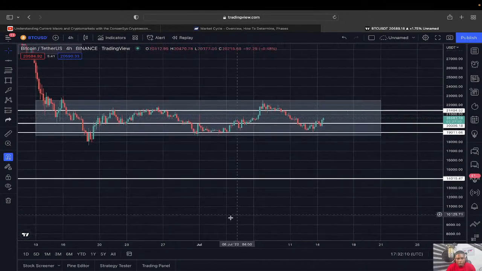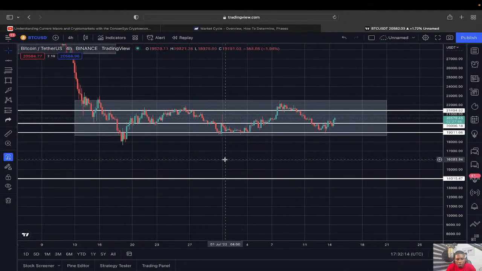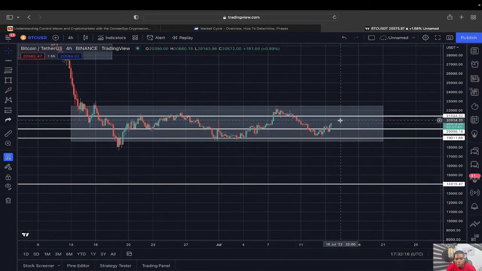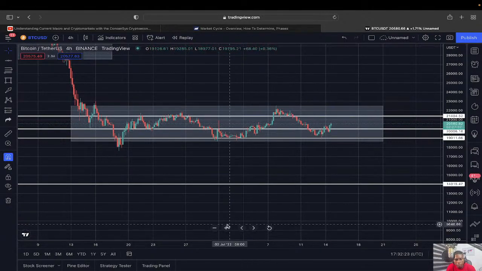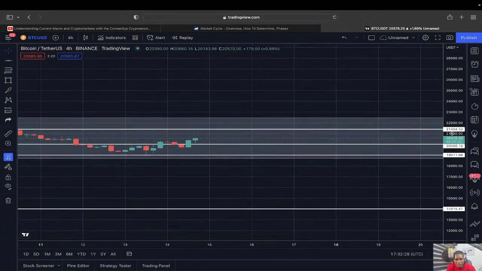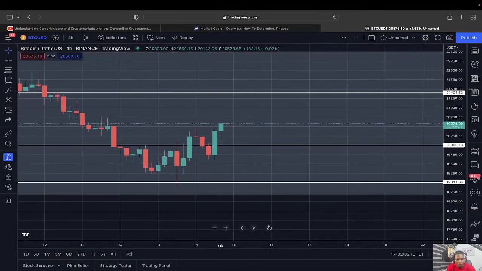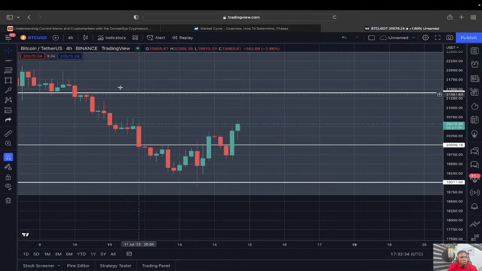Good. Now closer. Can you see this now? Now you can see this bullish engulfing candle that occurred here. This is the 4 hours chart, guys. See some bullish momentum coming in.